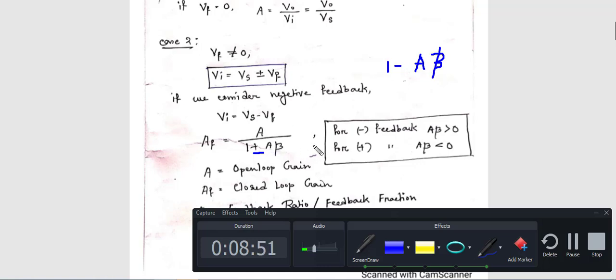So for positive feedback, the value of A beta should be less than 0. If A beta is minus 1, then minus minus becomes plus, and the value becomes positive. Remember, this type of multiple choice question may come: for negative feedback A beta is greater than 0, and for positive feedback A beta is less than 0.